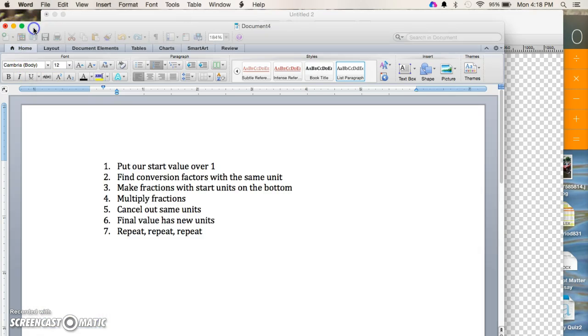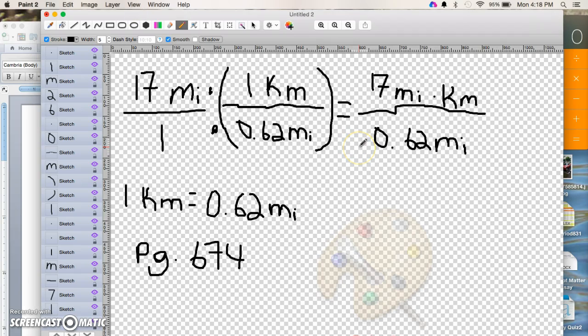Let's look back over here. We multiplied our fractions. Now we're going to cancel out the same units. On the top, we're going to cancel out miles, and on the bottom, we're going to cancel out miles because we don't need those anymore.